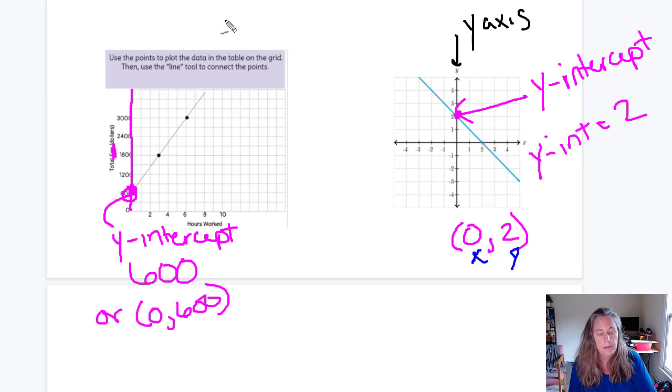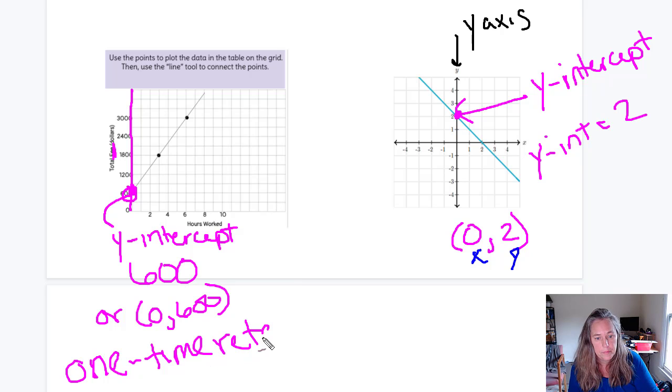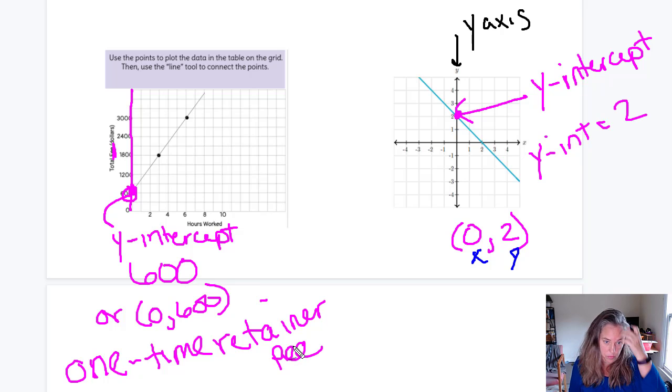In this problem, it represented the initial fee, the one-time retainer fee. So the y-intercept is giving us the start value. If you're going to be my lawyer, I'm going to start by paying you $600, and 600 is the y-intercept. It's the start value. If you'd like to take those notes, you may. I'm about to erase, so go ahead and pause.